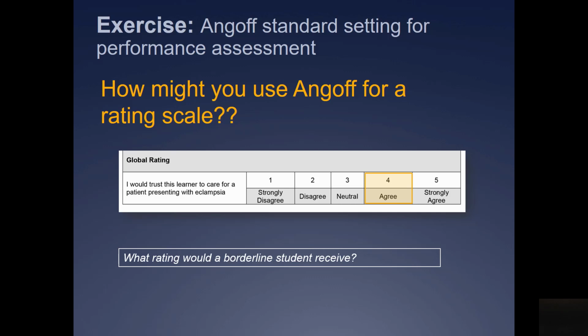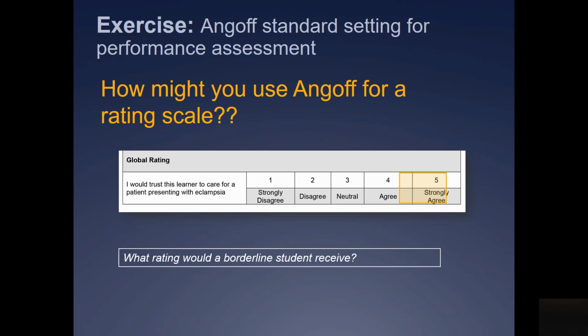So the expectation is that a pass of agree is what the accepted minimally competent borderline student would receive after training. If you have different progressive models, such as milestones, different items might have different standards and different ratings. So this is something to consider, and that's why we look at these individually. These could fluctuate quite a bit across these response options. So that's something to consider.